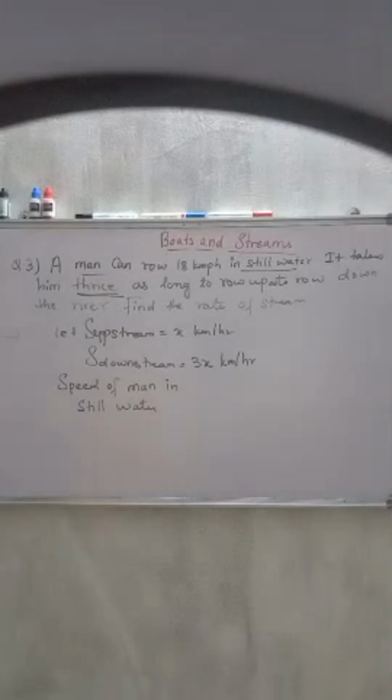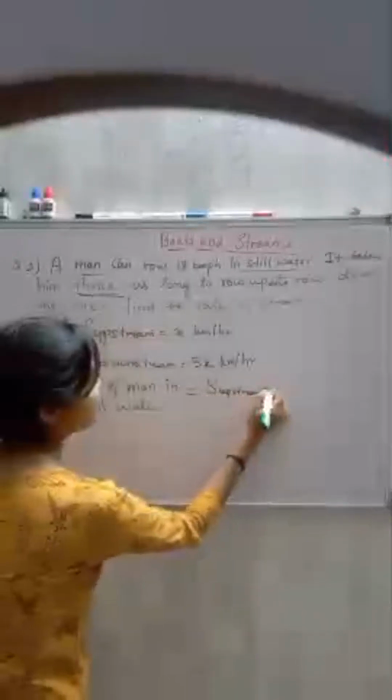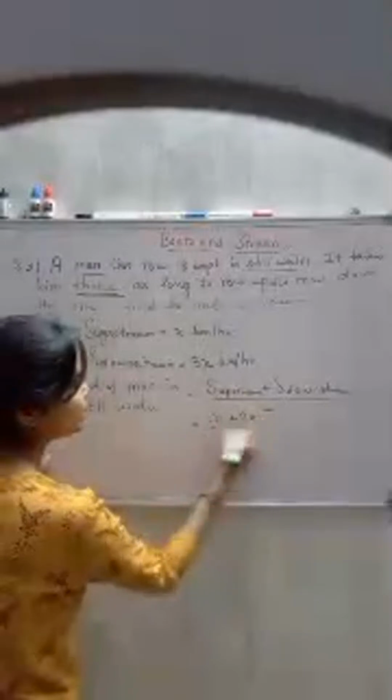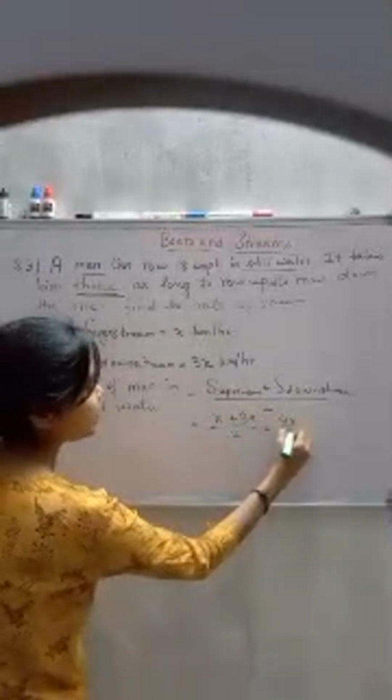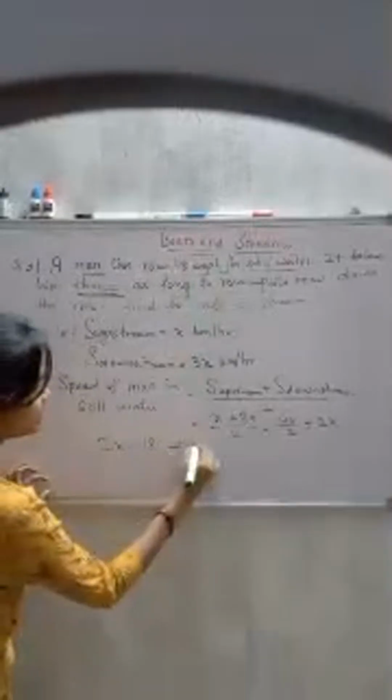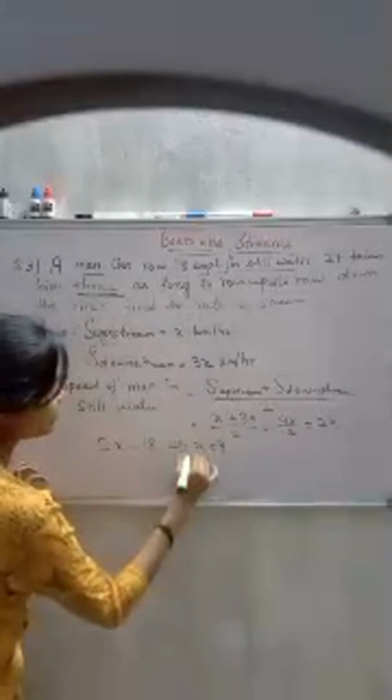Speed of still water will be the addition of upstream plus speed downstream divided by 2. Upstream is x, downstream 3x by 2. This is 4x by 2. So 2x will be the speed of man in still water, but it is given as 18. So 2x will be equal to 18. This implies x equal to 9.